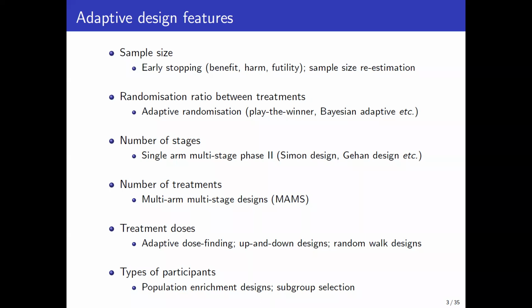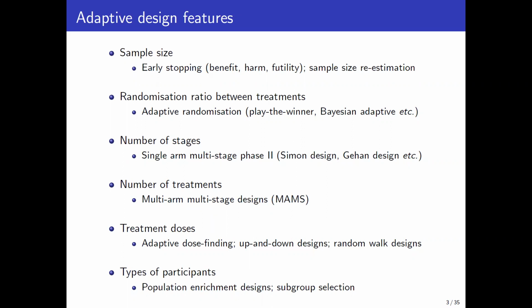Multistage studies. So these are studies where we can have potentially multiple stages and potentially stop earlier or keep going into subsequent stages. When we combine that with multiple treatments, then we have what's called the multi-arm, multi-stage design, or MAMS design, which is quite a common adaptive design.